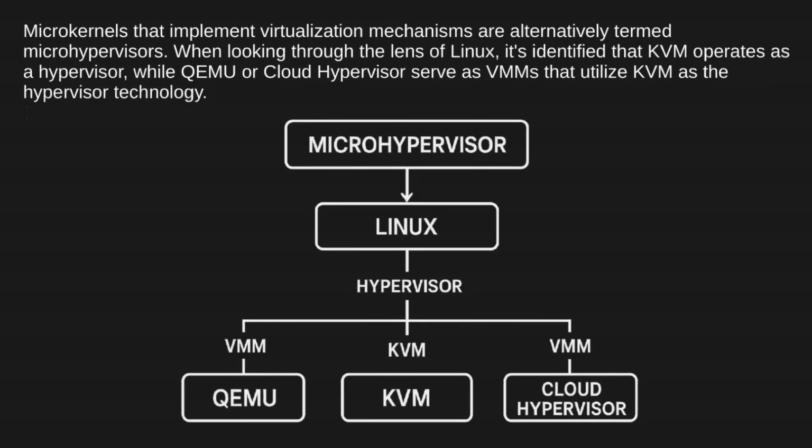Microkernels that implement virtualization mechanisms are alternatively termed micro-hypervisors. When looking through the lens of Linux, KVM operates as a hypervisor, while QEMU, or Cloud Hypervisor, serve as VMMs that utilize KVM as the hypervisor technology.